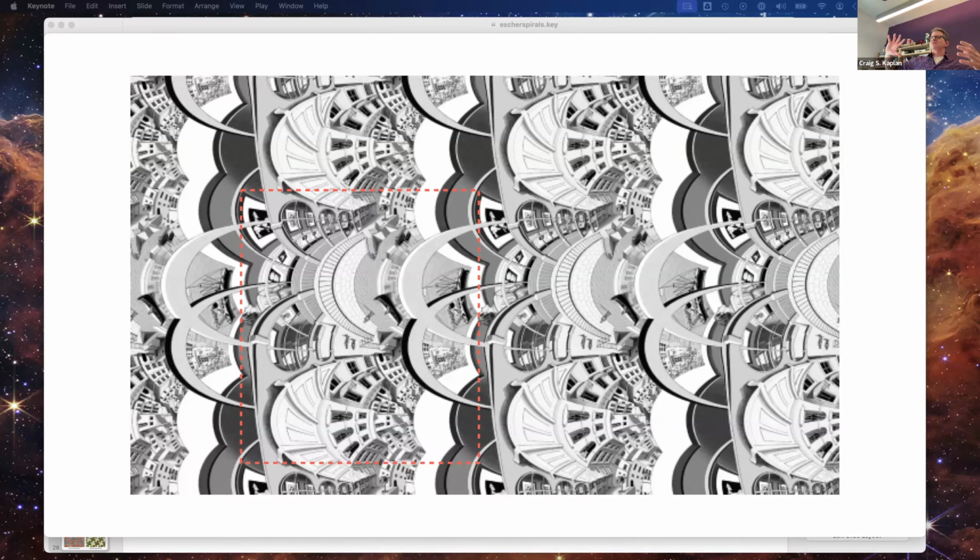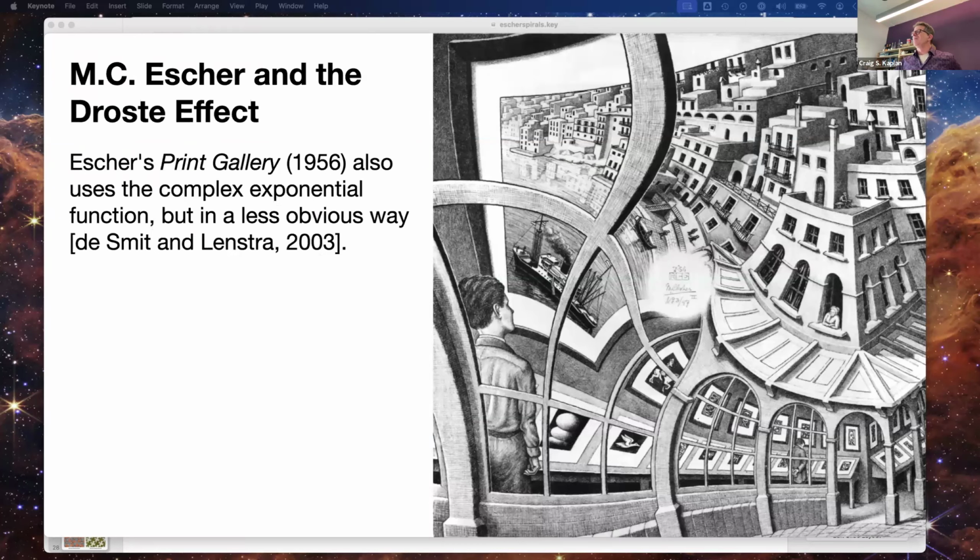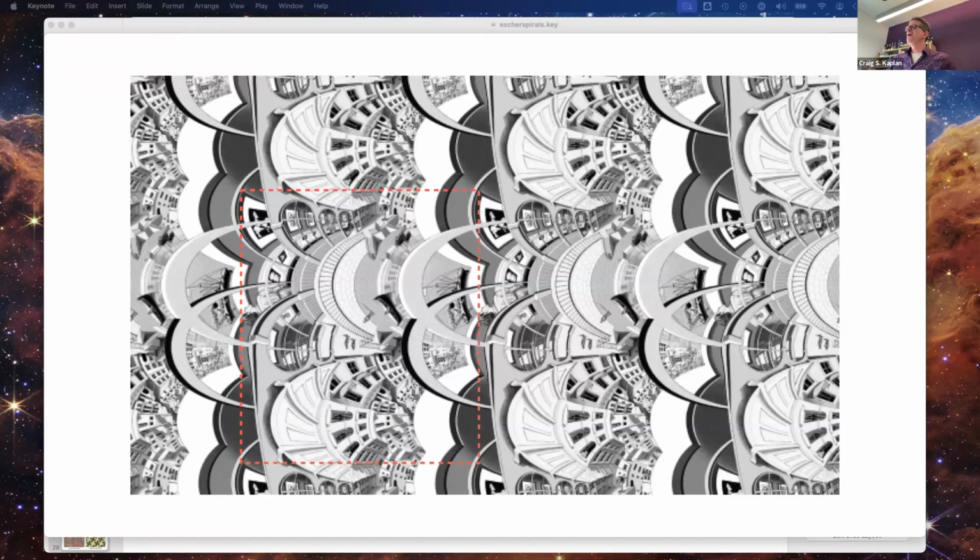And if you tilt the whole thing using a particular choice of A and B and take the complex exponential function, you get back the original Print Gallery, including the extra stuff that ought to go in here, where Escher very cleverly left out and just signed his name. So that's a connection too.